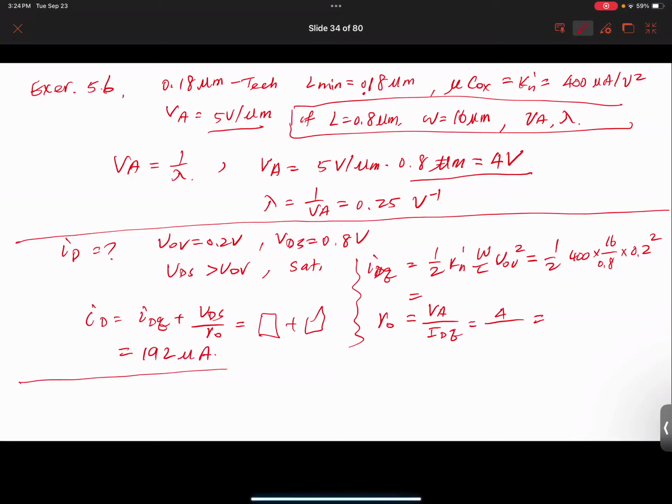Okay, so that's what we get. Maybe I can use my calculator to see if we actually got the correct answer. So here we have 400 divided by 2 divided by 0.8 times 16 times 0.2 times 0.2.